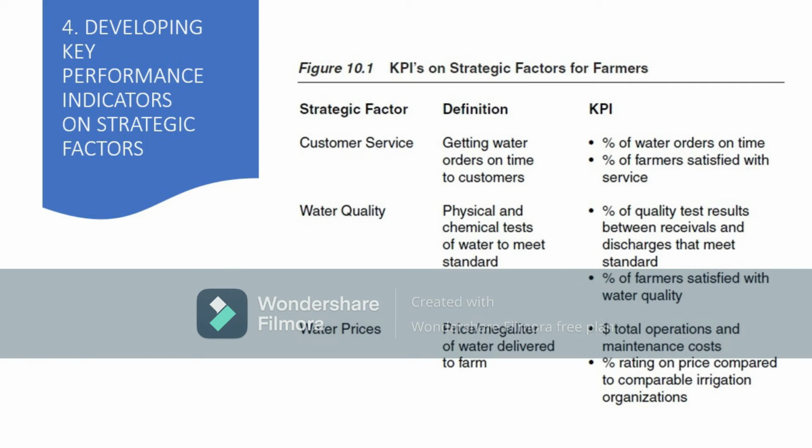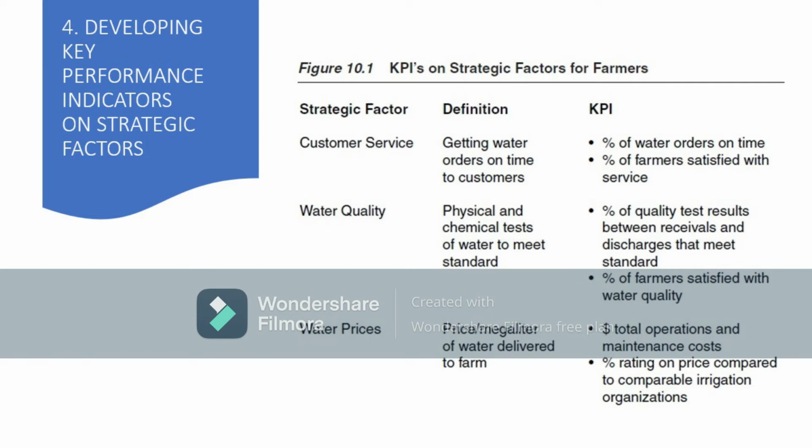We've moved from defining and collecting measures from farmers to developing KPIs. In the step sequence, we've come to step 4. Reduce the list of measures to develop key performance indicators, KPIs. Figure 10.1 shows the results of this reduction.